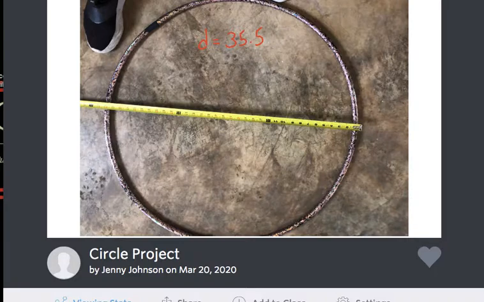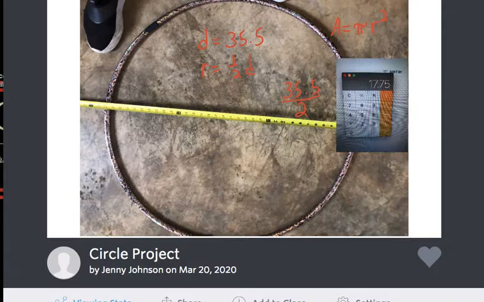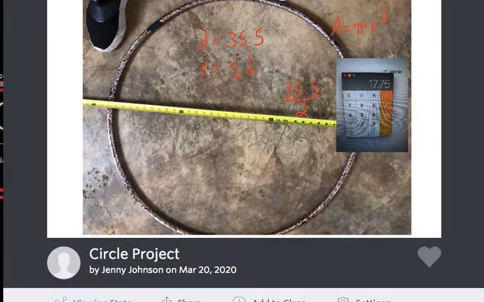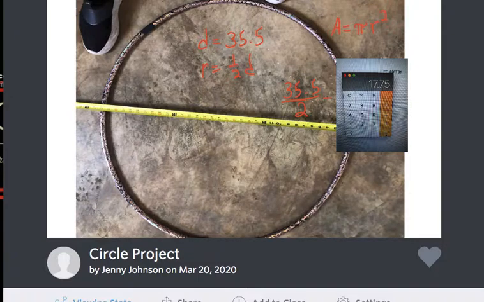Now, area is found with pi radius squared. Well, I have the diameter, so I need the radius. The radius is equal to half of the diameter. So I'm just going to take 35.5 and divide it by 2. And this gives me 17.75. So that's the radius.